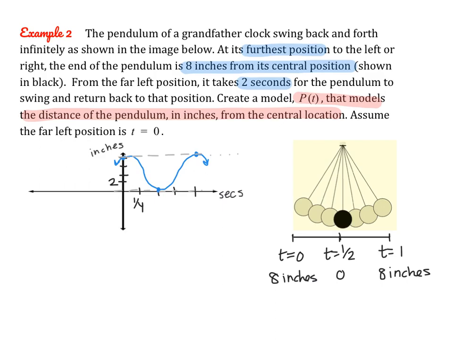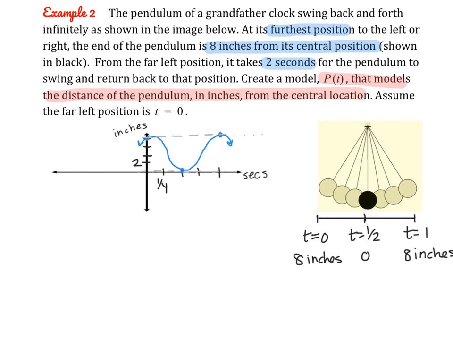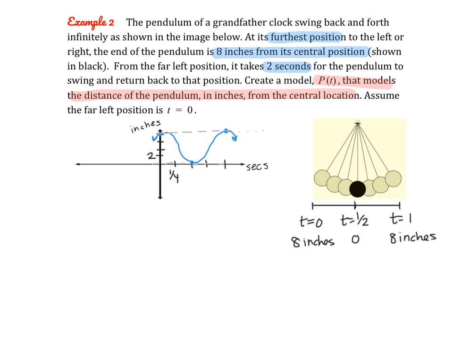So looking at our picture, we can use this to help us find the key information for our function. So we can also take the step of saying, okay, if our maximum is 8 and our minimum is 0, our midline is at 4, which means our amplitude is 4.